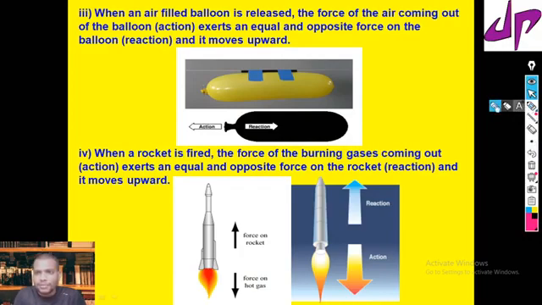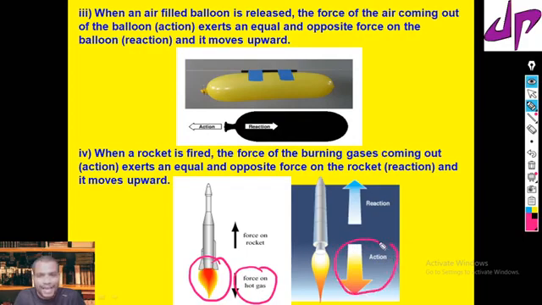As I discussed about the rocket principle, when a rocket is fired, the burning gases apply a force in the downward direction, that is called action, and because of that the rocket moves in the upward direction, that is the reaction.